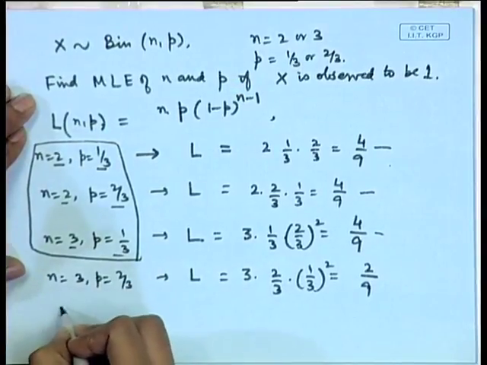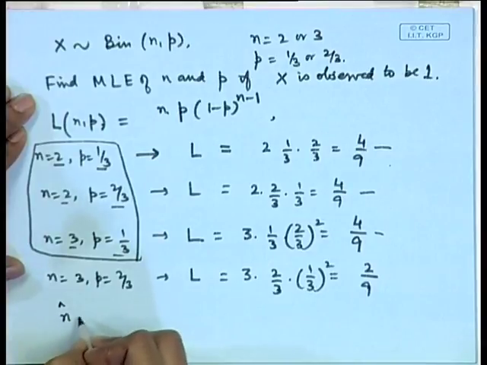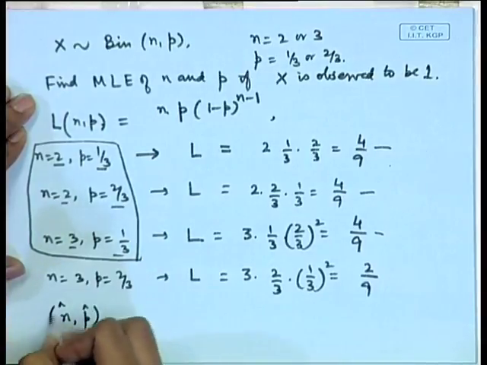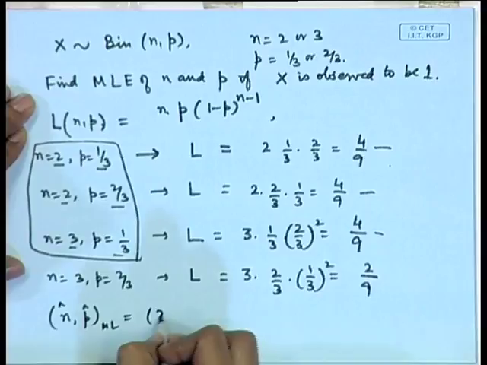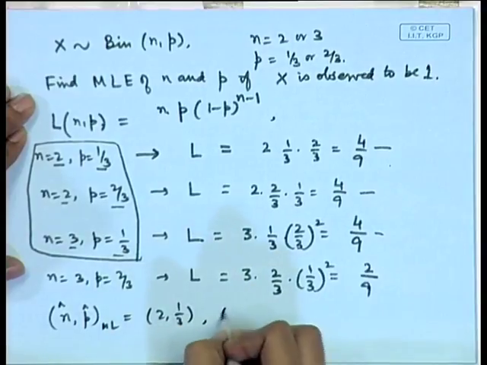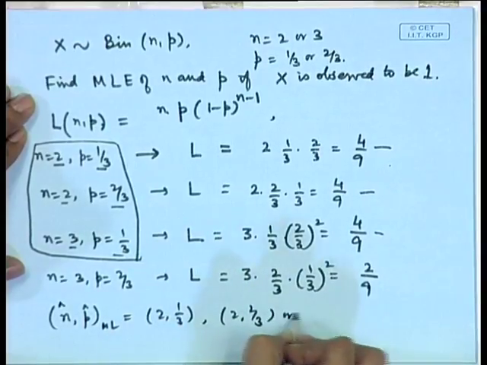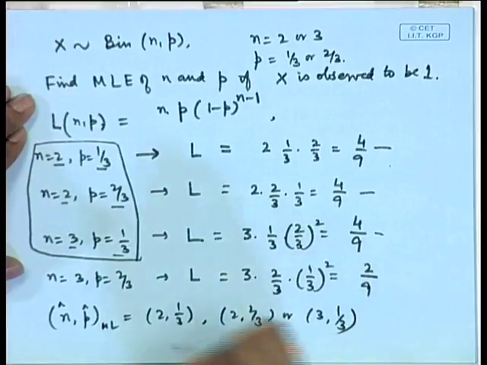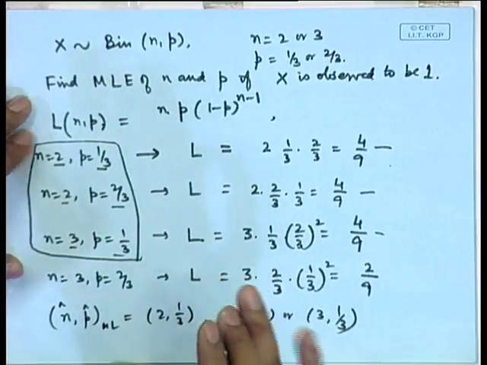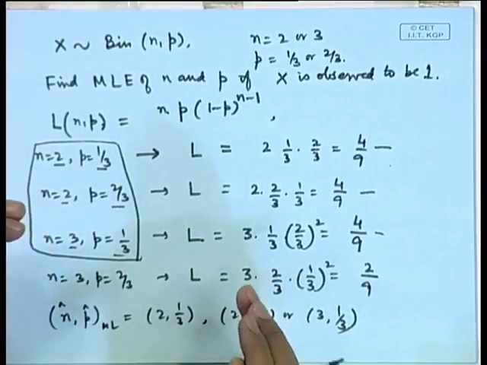Therefore, the maximum likelihood estimator for n and p can be considered to be the pair (2, 1/3), (2, 2/3) or (3, 1/3). Now, this is another case, because here 4 possible configurations are there, out of which 3 correspond to the maximum likelihood value.